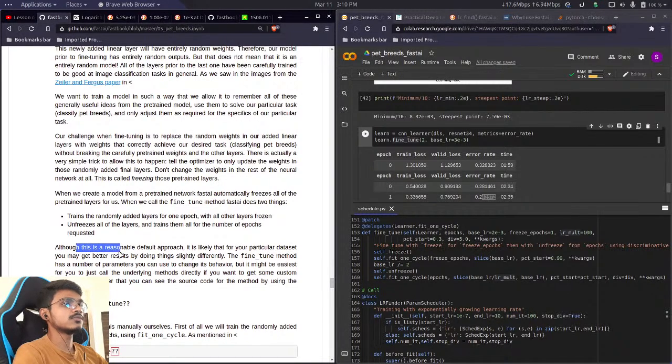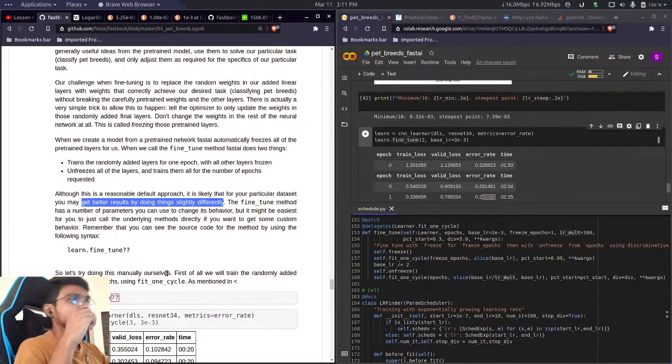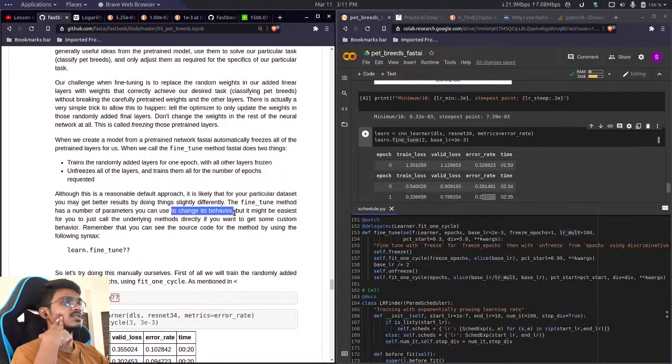Although this is a reasonable default approach, it's likely that a particular dataset may get better results by doing things slightly differently. What does it mean, slightly differently? The fine-tune method has a number of parameters you can use to change its behavior.